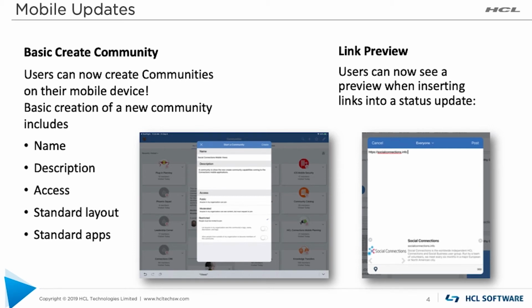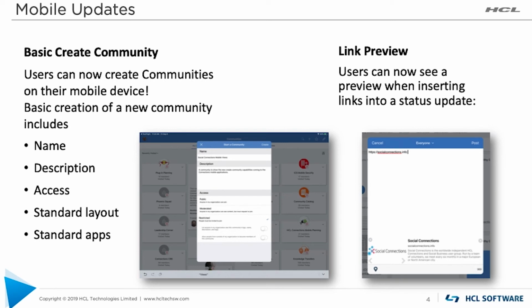So now on a phone or a tablet, you can go to the community catalog page, click the plus sign on the iPad or the menu behind the three dots on the phone, and hit create community, providing name, description, and what type of access should be managed with this community. Connections will then create the community using the standard layout and the defined set of standard apps. This is the first release of this capability, so there are a number of things that we already know we will add later. So keep an eye out for improvements coming in this area at a later time.